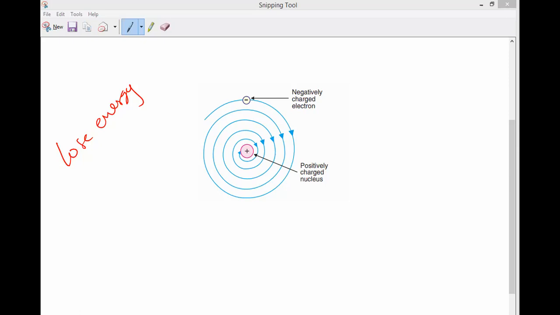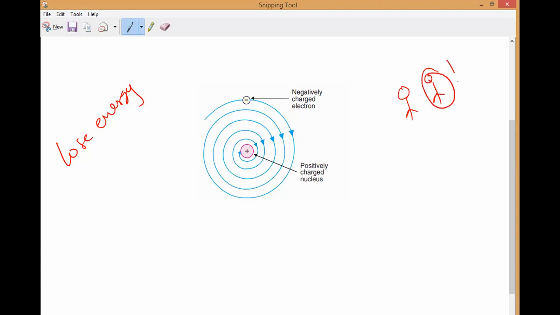You people will come close to me, or you people will move far away from me. Suppose we both are fighting. Let me imagine two persons are fighting. Now your energy is continuously decreasing, and my force of attraction on you is more and more, so that you will move towards me.